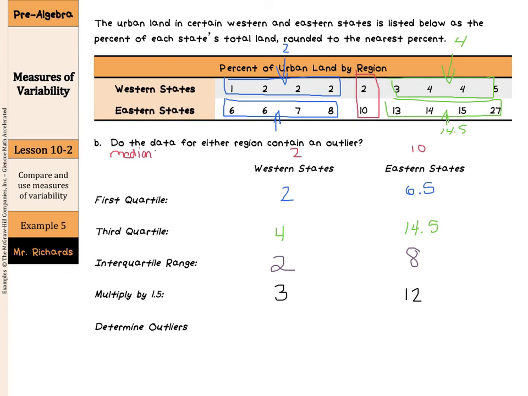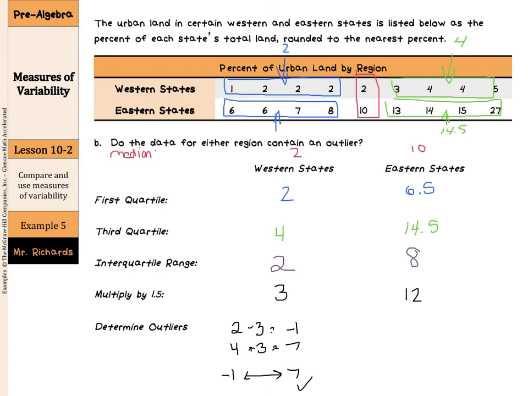So I take my first quartile, which is 2 for the western, and subtract that 3. So I get -1. And then I take my third quartile, 4, and add that 3 to get 7. So in theory, my data that's reasonable without outliers should be between -1 and 7.